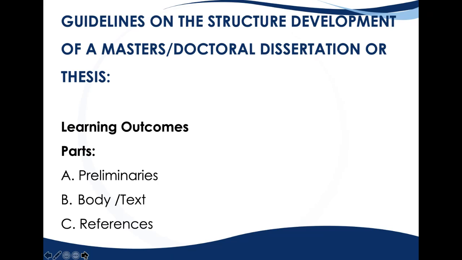There are things that they call the preliminaries, which are all the things that you do before you enter into the dissertation or thesis proper. And then there's actually the main body or the text, the actual chapters themselves. And of course, at the end, there are the references and how you deal with issues to do with appendices.